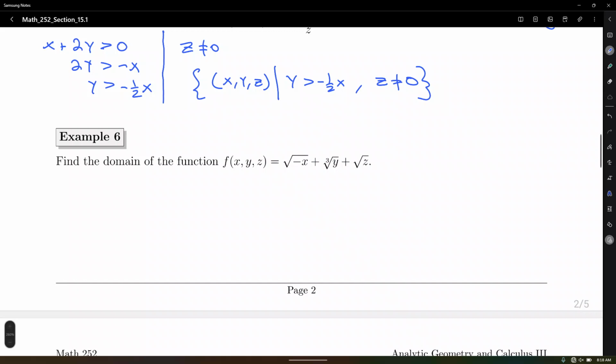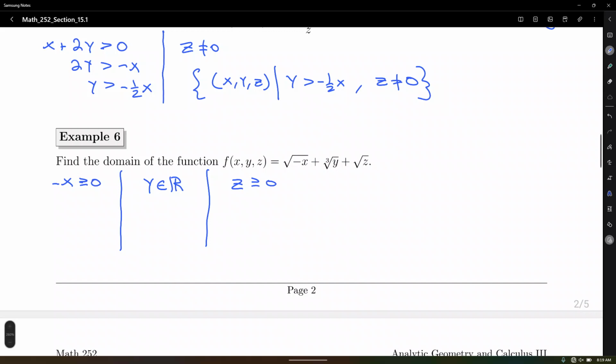Let me write down those restrictions. For the first term, negative x greater than or equal to 0. For the second term, since it's an odd index, y is simply all real numbers. And lastly, z is greater than or equal to 0.